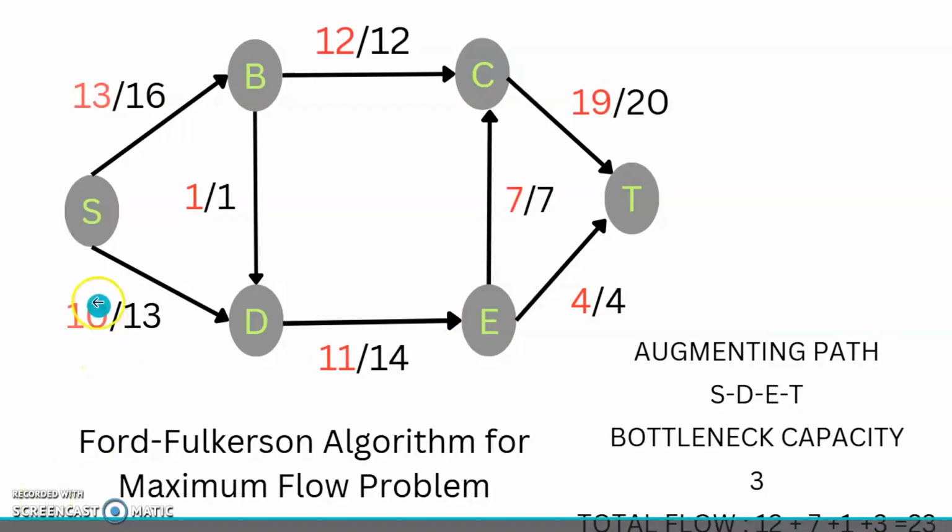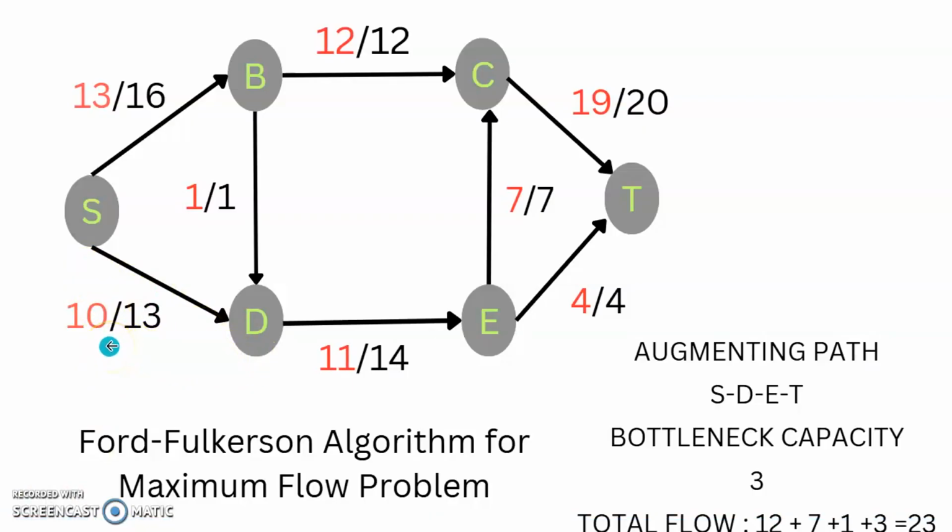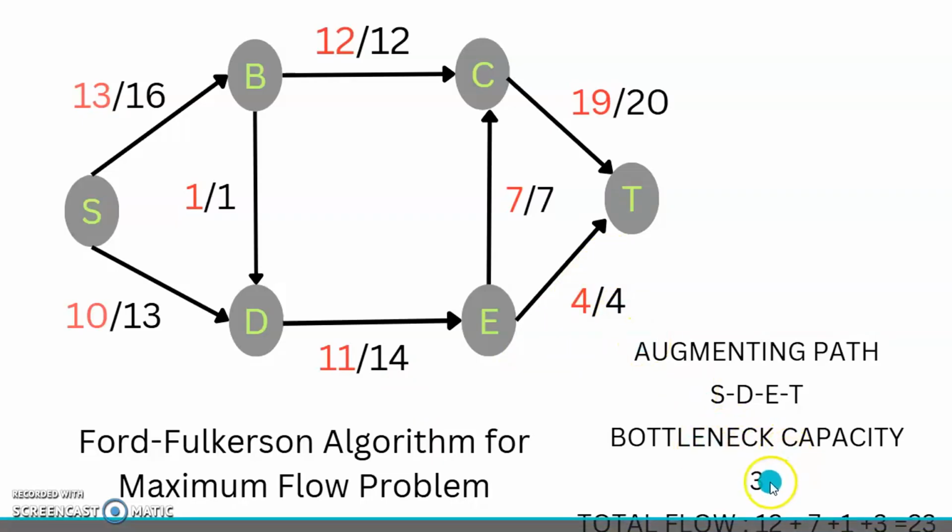In this path S to D, we have already used 7 out of 13, that is 6 will be remaining. In case of D to E, 8 out of 14 was already used, so that means again 6 will be remaining. But here only 3 is available, so that is why bottleneck capacity is 3.